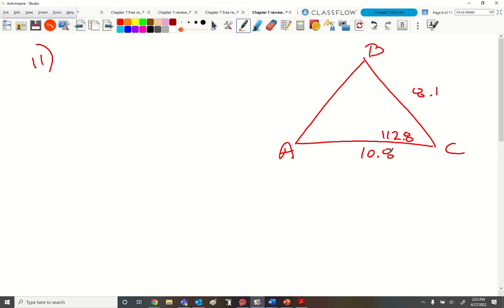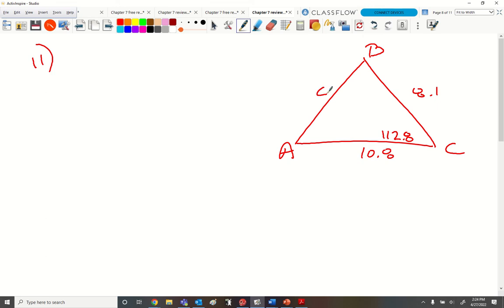Law of sine or law of cosine? What do I have to use to have law of sine? Do I have a pair? I don't have a pair, and since I only have one angle, I can't use law of sine at all. So this one has to be law of cosine, and using law of cosine, what side would I have to solve for? Little c. It's going to be little c.